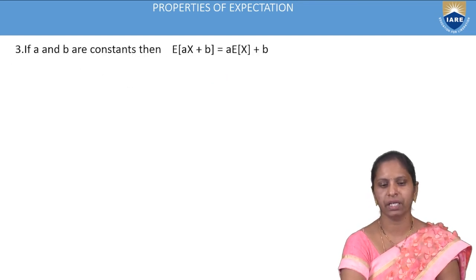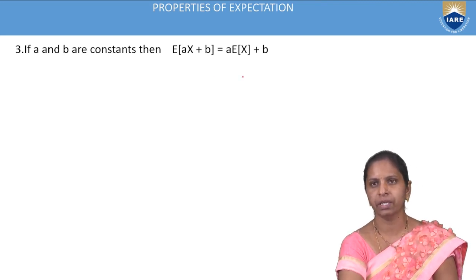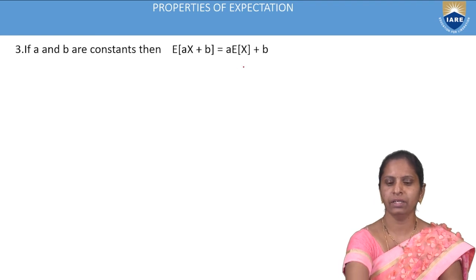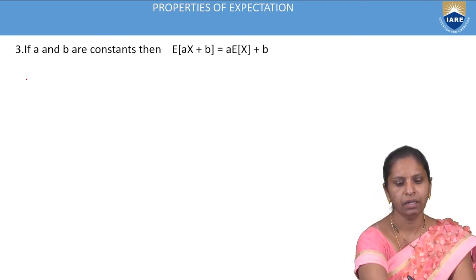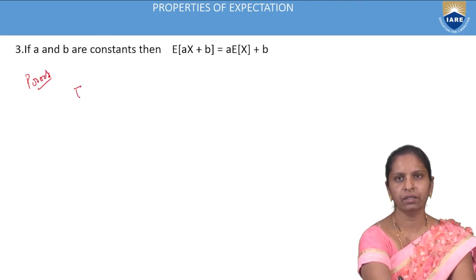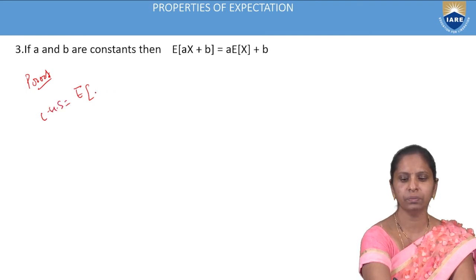Coming to the third property, if a and b are constants, then E of aX plus b equals a into E of X plus b. How can I prove this? I have to calculate the expectation of aX plus b.